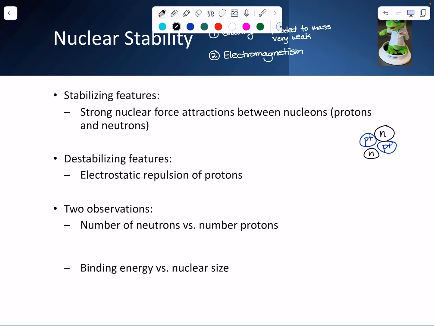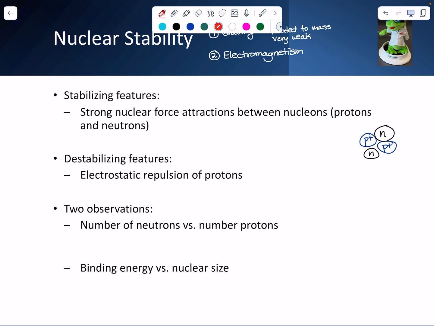If I'm talking about the force we know so far, electromagnetism, the nucleus should not be stable, right? Because the protons should be repelling one another, because they're all positively charged. We try to cram them into this closed space, and they're going to tend to push each other apart, okay?